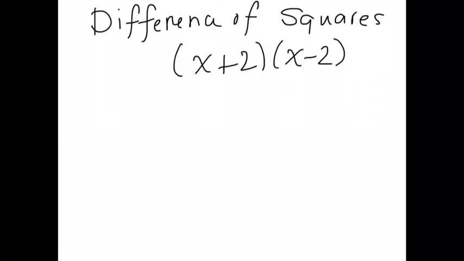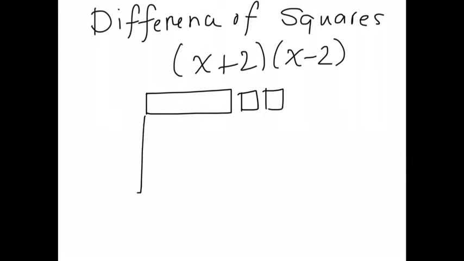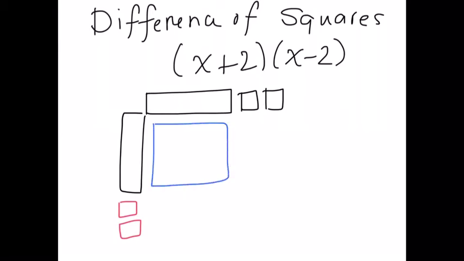Here's a special case of factoring, which we've talked about, difference of squares. So let's set this one up. We'd have an x plus 2 and an x minus 2. Now let's do the expansion. X times x is x squared, and these will be both x's.